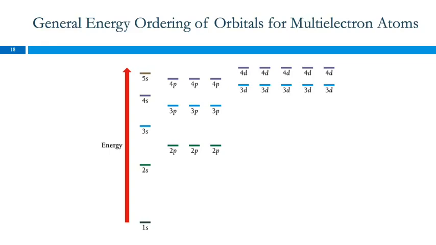I don't know. Let's do manganese. I did iron yesterday. So here comes manganese. Manganese is a tour bus with how many electrons? Mn? 25 electrons. So we're going to put these in the hotel rooms, in the beds.